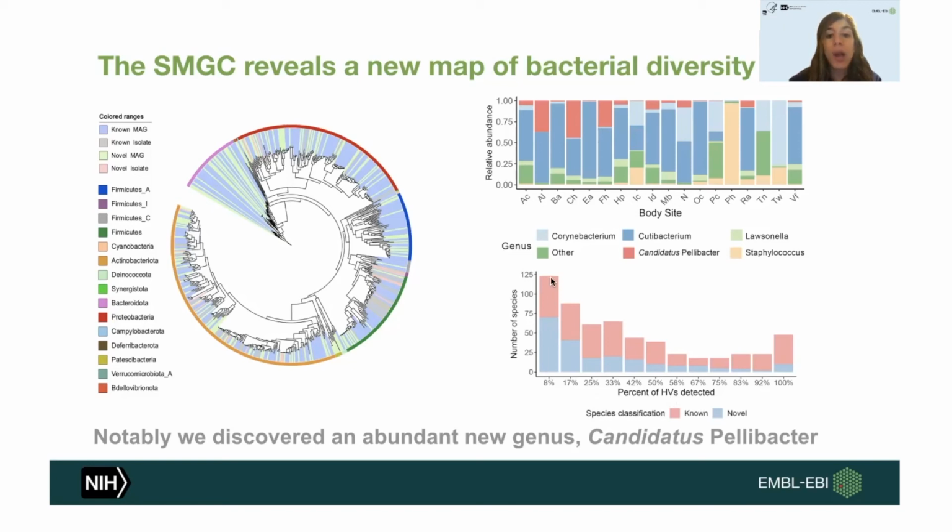We have this U-shaped distribution where the majority were found in only a few individuals, but the novel species were spread throughout this distribution, suggesting that they're not just unique to a few individuals, and that these are not just low abundance or transients. We even had examples of species that were found in all healthy volunteers.